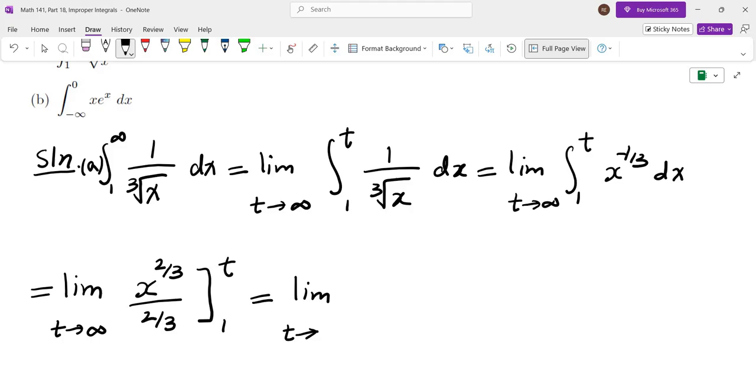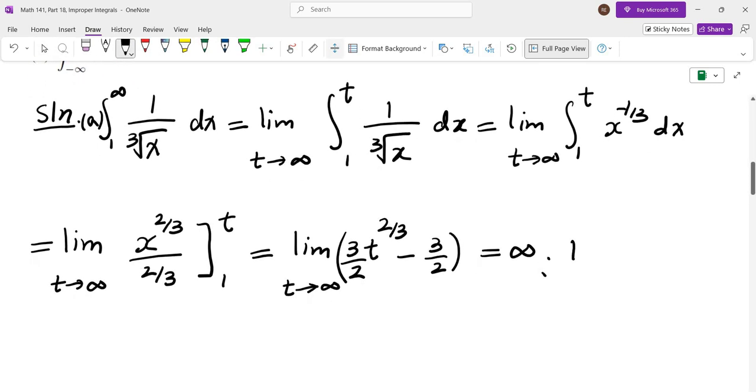Let's plug in x equals t. We get t to the power of 2/3 divided by 2/3, which is multiplied by 3/2, minus 3/2. Now when t goes to infinity, 3/2 t to the power of 2/3 also goes to infinity. So this diverges. The first integral diverges.